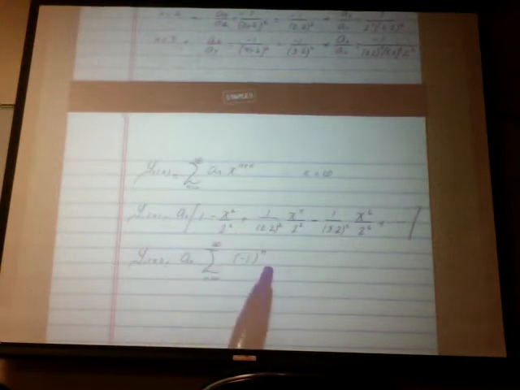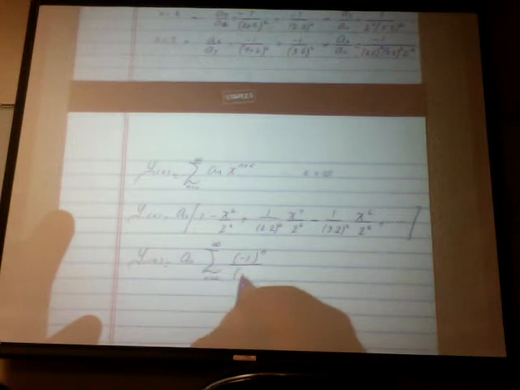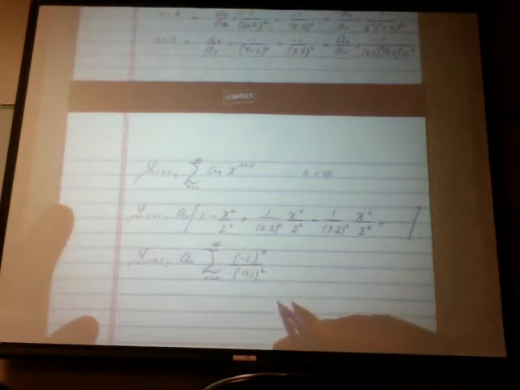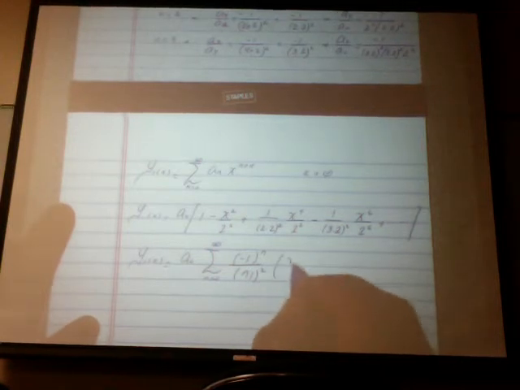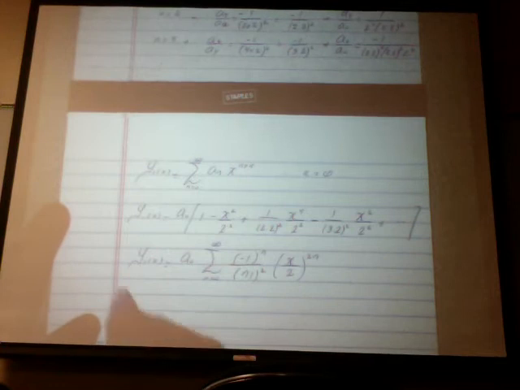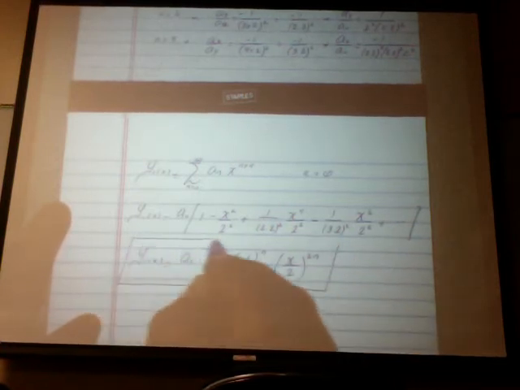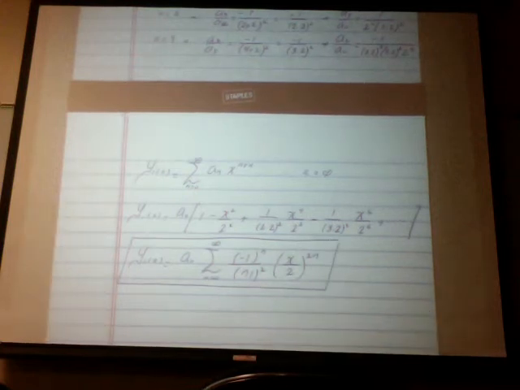When n is odd, you get a minus, divided by n factorial squared times x divided by 2 to the power of 2n. And that's a solution. Well, that's one of the 2 solutions.